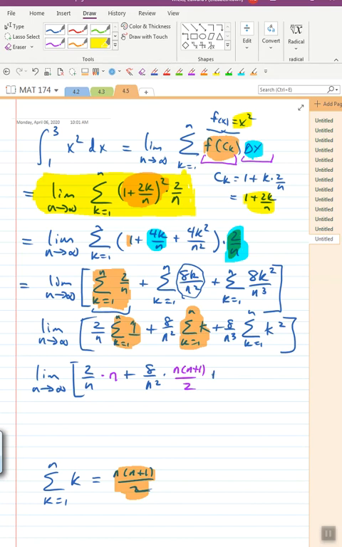Same thing down here at the end where you have the plus 8 over n cubed times the summation of the k squareds. That was one of the other 2 formulas. Anybody remember that one? That's the one that's got the 3 parts in the top with the 6 in the bottom.